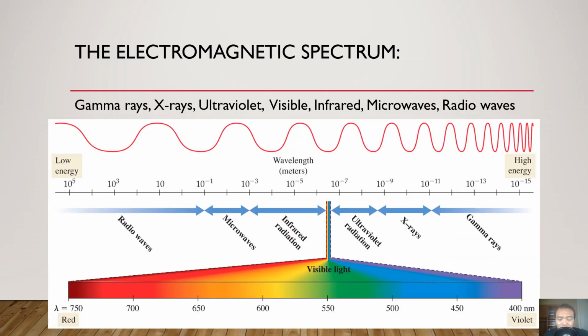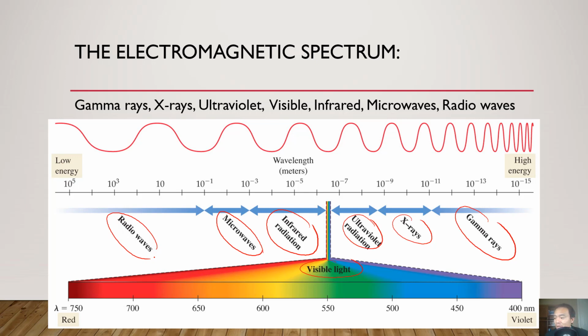There are many different types of light. For example, gamma rays, X-rays, UV light, visible light, IR or infrared, microwave, and the radio waves. Please pay attention to the relative wavelength, relative energy, and the relative frequency.